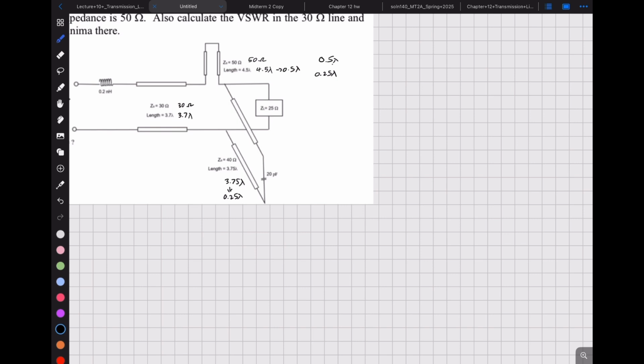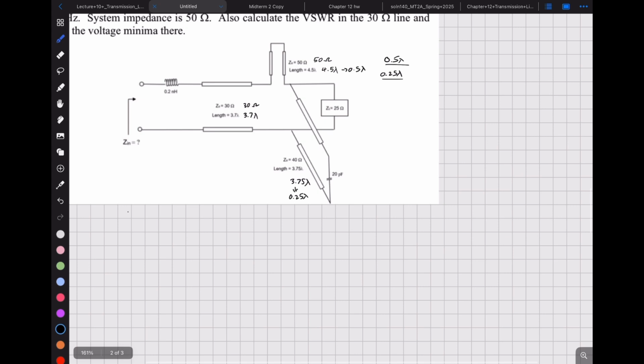And that special ratio is half wave. Quarter wave is a different story, because a quarter wave represents the reverse. It's like a 90 degree phase shift, and it kind of flips the impedance.